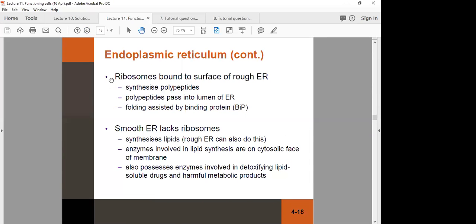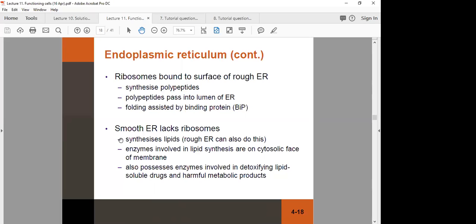So we've seen that there are ribosomes bound to the surface of the rough endoplasmic reticulum. Polypeptides are modified and folded within the rough ER. We saw that the polypeptides are passed from the ribosomes, which are making them, into the lumen of the ER, and there they're folded and modified. The smooth endoplasmic reticulum lacks that association with the ribosomes.